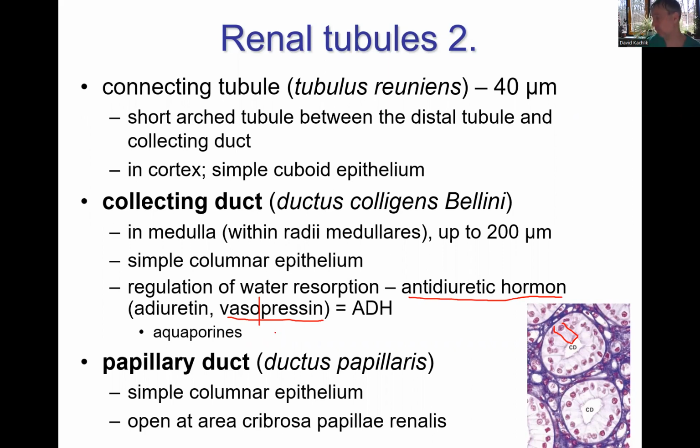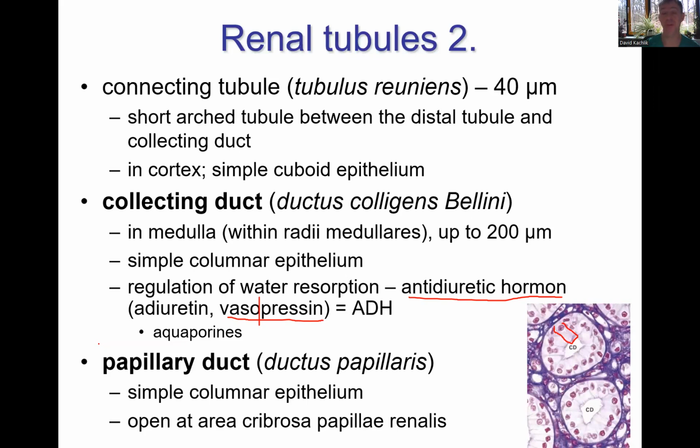So in case you have too high a level of sodium, you can feel it in your brain, and you send this hormone directly to the kidney, and it opens the aquaporins, and the water is reabsorbed into the interstitium. So that's the function of the collecting duct, and we can save here 15 to 30 liters of the fluid.